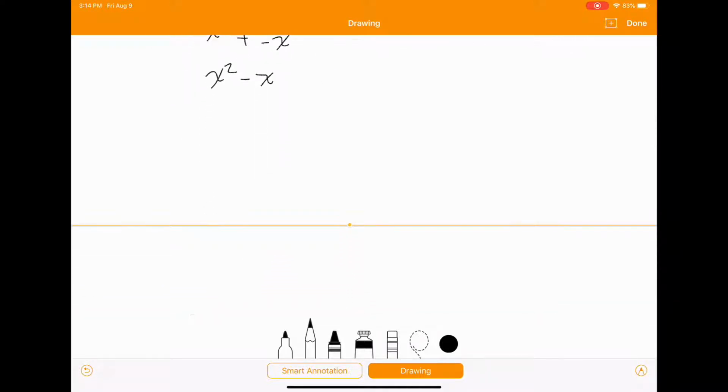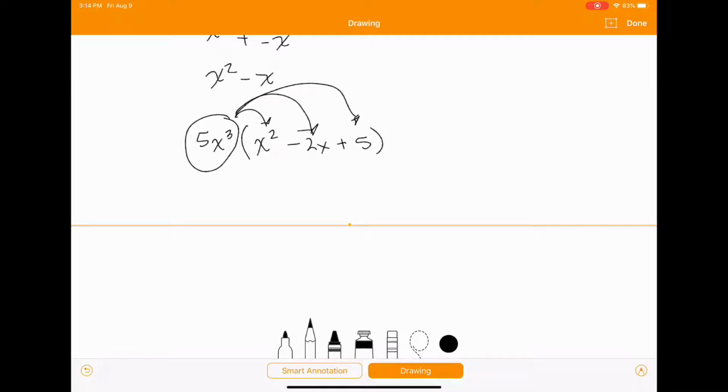Now, if you had something a little bit more complicated, let's say we've got 5x cubed times x squared minus 2x plus 5. Again, you're just going to take your monomial and multiply it by every term in your polynomial.